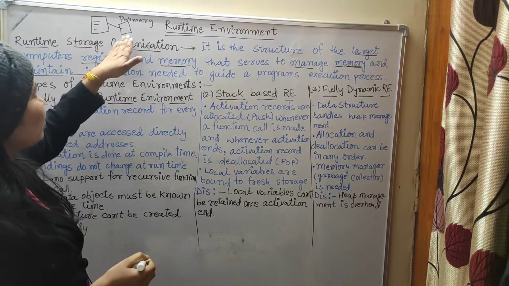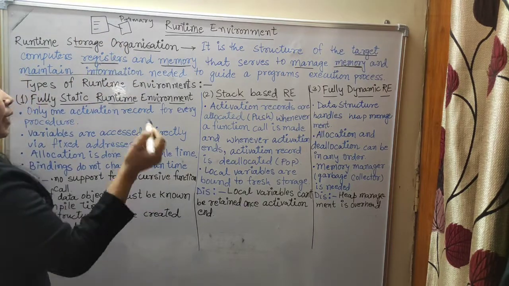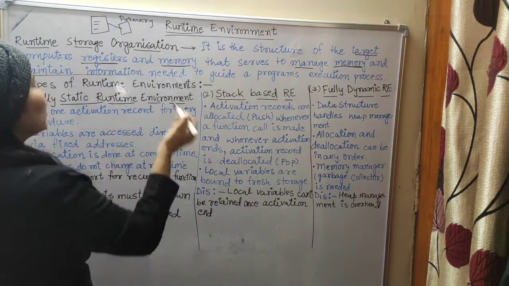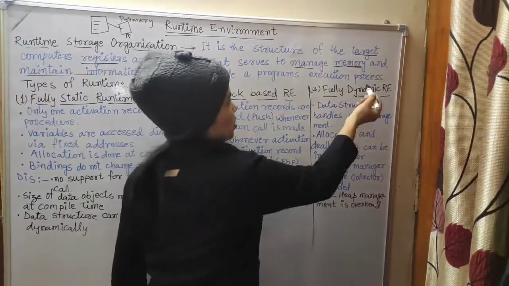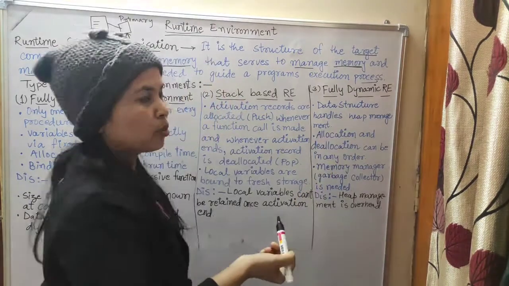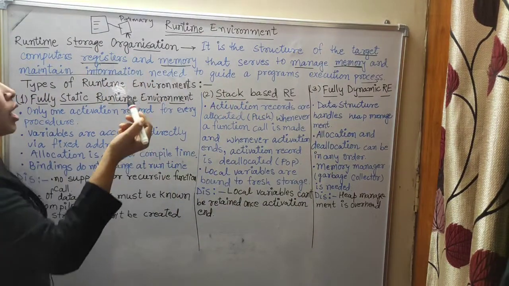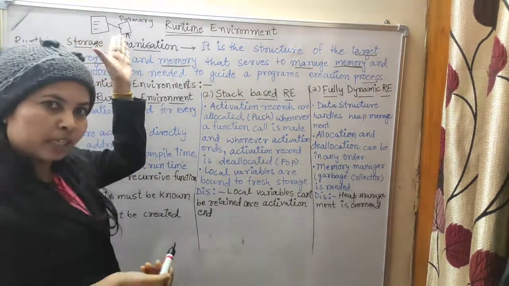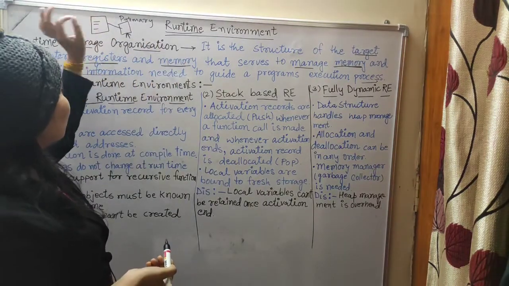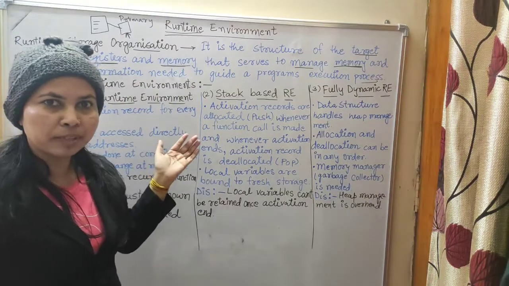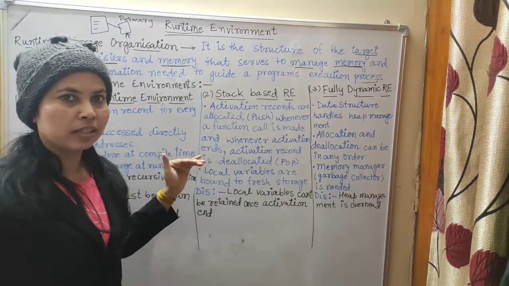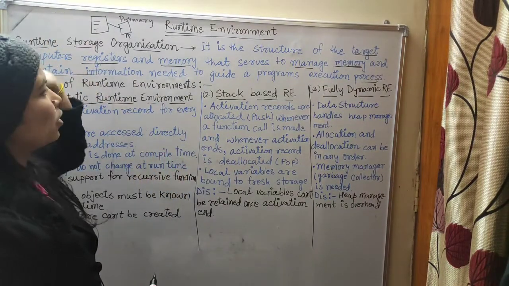Any program that is executing, that is running, is called a process. And if the program is just kept somewhere and we are not running it, then that is called a program.